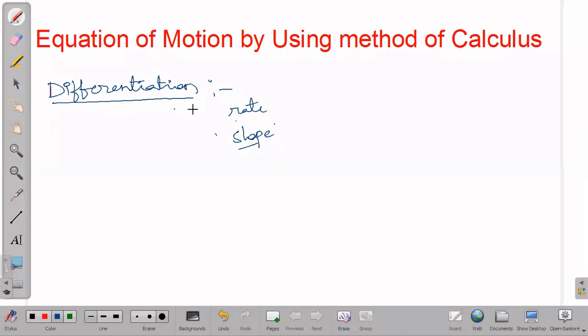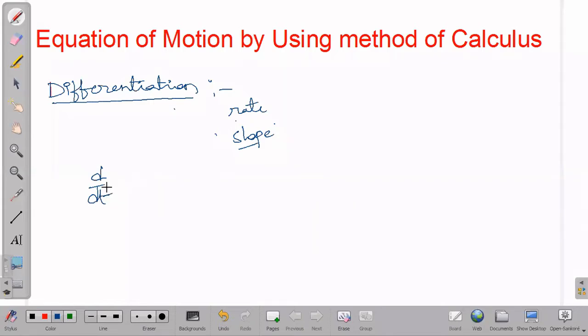So simply, whenever you need to calculate the rate of change of anything, we go with differentiation. In short, rate of change of anything is like d by dt of something. Here I am taking it with respect to an independent variable called t.